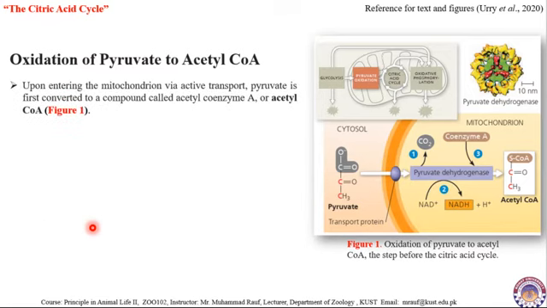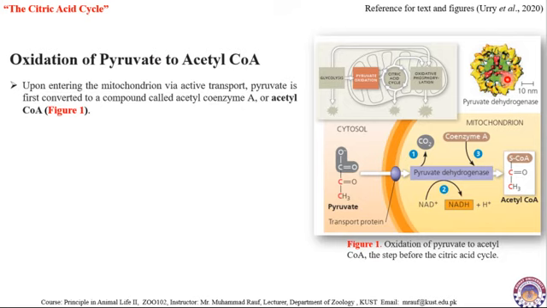Pyruvate enters the mitochondria through a transport protein and is then processed by a complex of several enzymes known as pyruvate dehydrogenase.